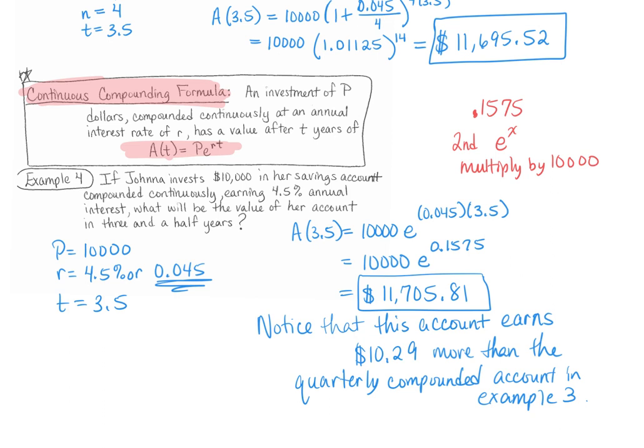Subtract 10,000. Very good. This is just extra information at this point. You would take the 11,705.81 and subtract from that the 10,000 to see that she earned 1,705.81.